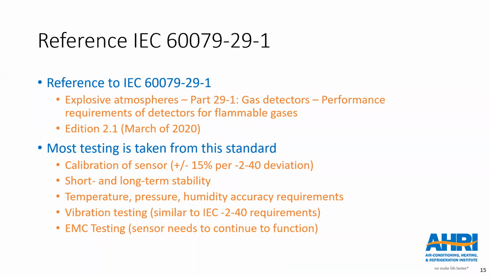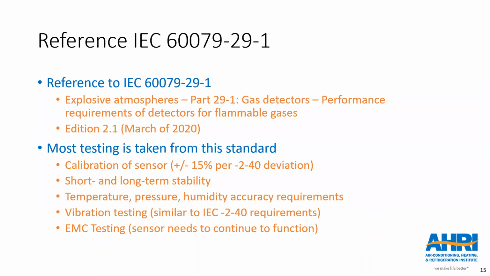Now, there's an amendment to the IEC 60079-29-1 published earlier this year, so it's important that when we look at the standard, we're referencing the correct document. The only change to this was really to allow an alternate test criteria, and we'll get to that in just a minute. Most of the testing is referenced to this standard, although there are some modifications which are allowed per the 2-40 Annex LL.